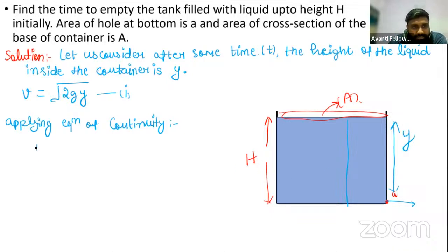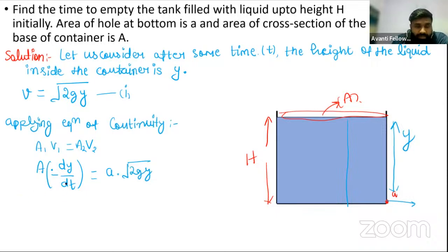So we can say that A1 V1 is equals to A2 V2. A1 we will take the area of this surface, which is capital A. V1 is the rate of decrease of this height, dy by dt. And this is decrement, so we will take it minus. Now A2 is small a and V2 is root 2 gy.